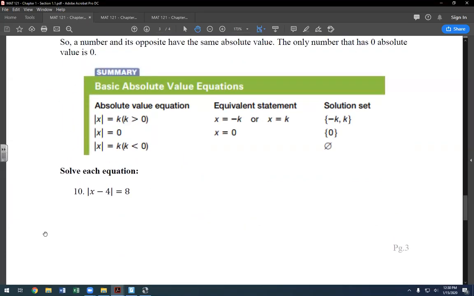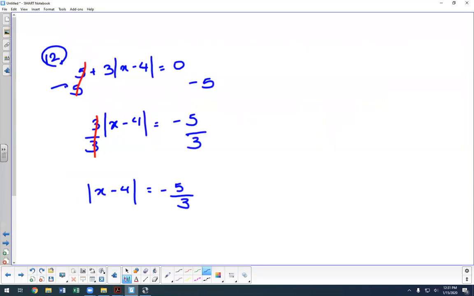When you have absolute value equals a negative number, there is no solution, right? Because distance cannot be negative. Distance can be 0. That basically means you're still at the starting point, right? You haven't moved. Distance can be positive, but distance cannot be negative.